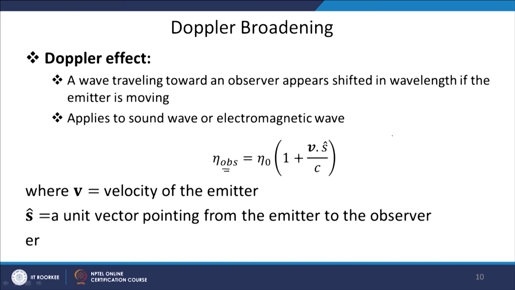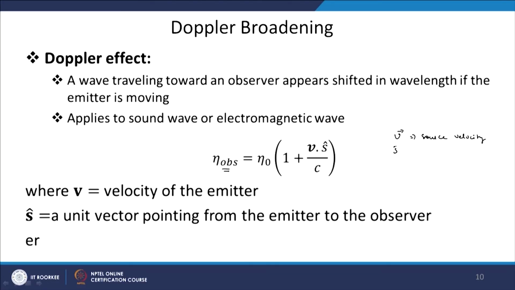This observed change in frequency or wavelength depends on the velocity of the source, that is the molecule that is emitting, and S is the direction in which the photon is emitted. We have already discussed many times that emission is a directional property. So, S is the direction of emission.